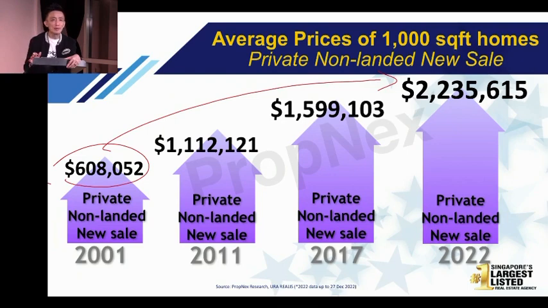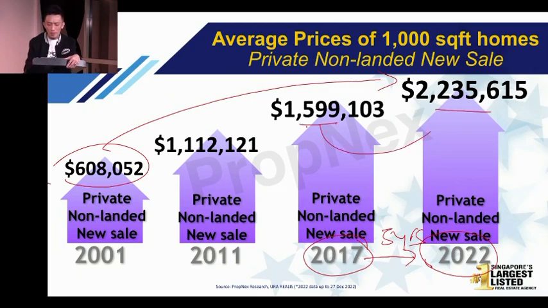If they had done things 3-4 years ago, they may have been able to go into a private property. But a lot of people tell me, Kelvin, now I have so much concern I dare not even go in because I don't have enough. Because you see, from 2017 until 2022, it's only how many years? 5 years. But look at 1.6 million to 2.2 million, the difference is how much?